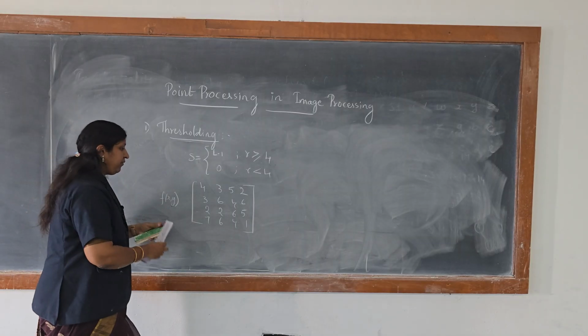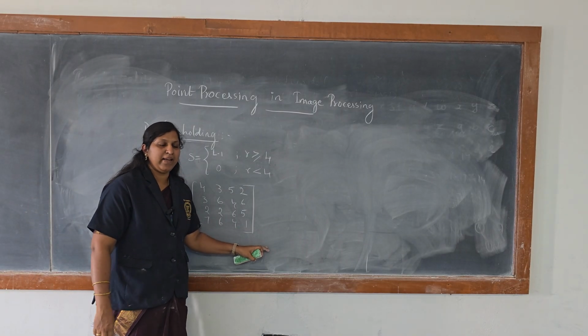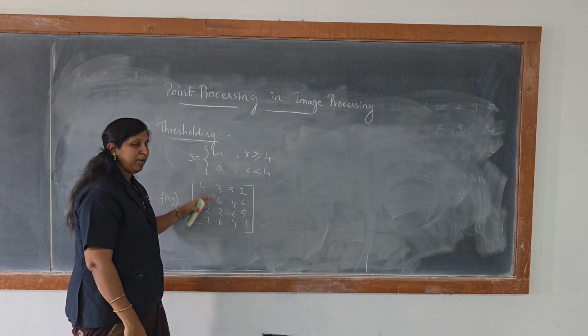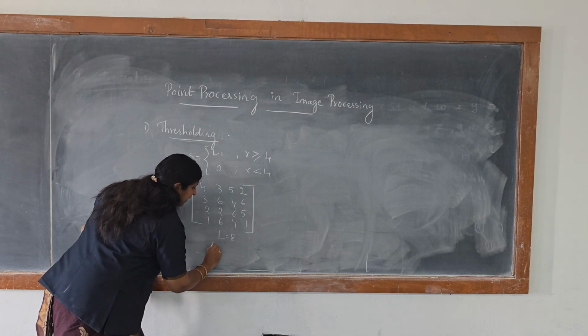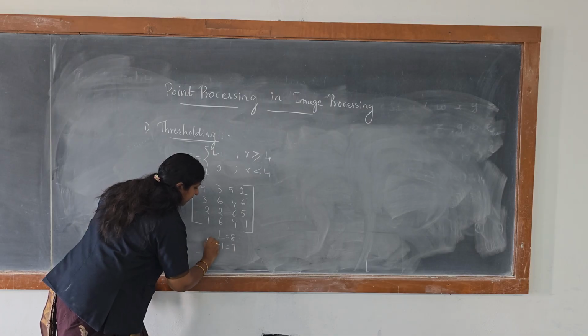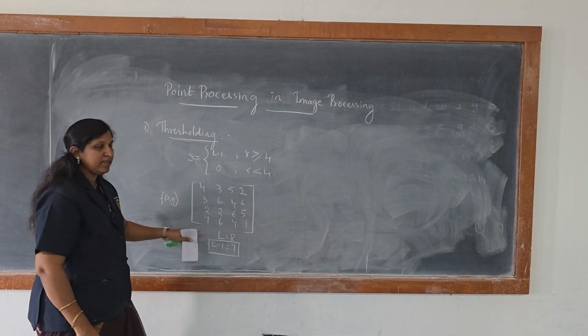We need not calculate the L value again and again, because in the previous example we calculated it. L value is 8 and L minus 1 is 7. Remember, L minus 1 for this matrix is 7.